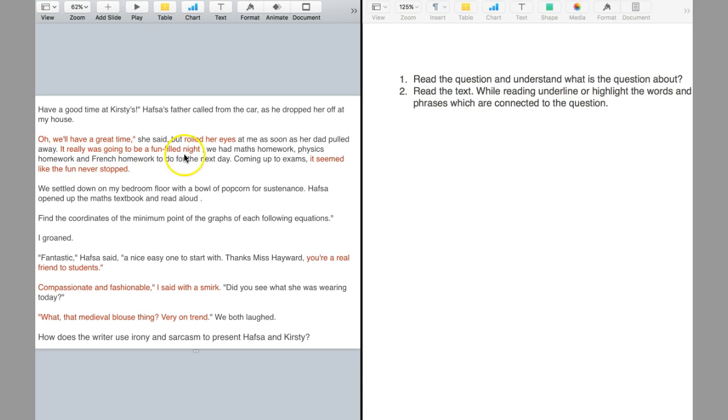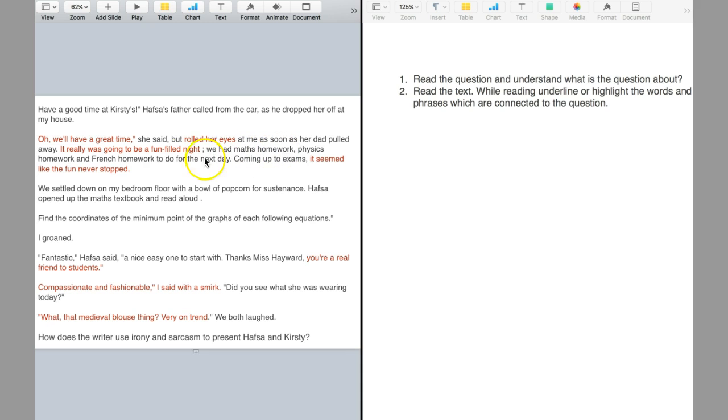So why do you think in these circumstances the author uses a semicolon? He's really clever. The first part says it really was going to be a fun-filled night, so it makes the reader think they are going to have a fun time. But what he did, he put a semicolon, then he put his punch.